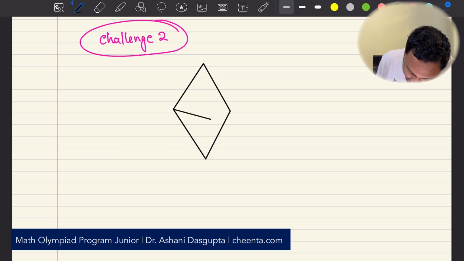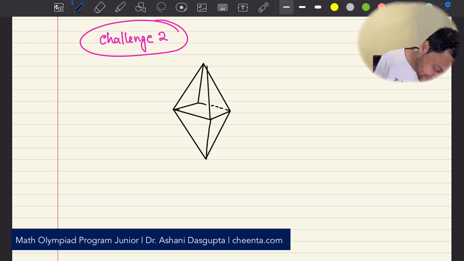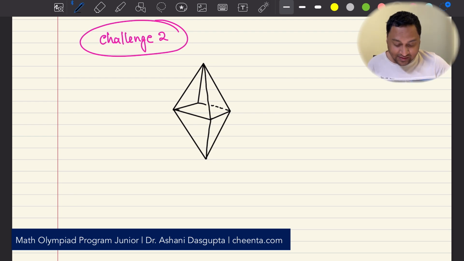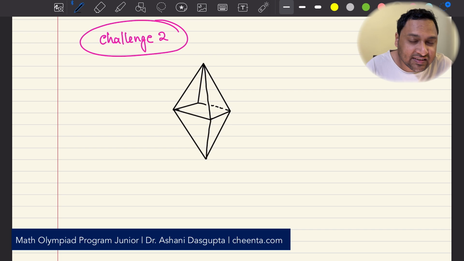So it's an octahedron. Right? So it's kind of like this. Okay, here we go. So it's an 8-faced solid.